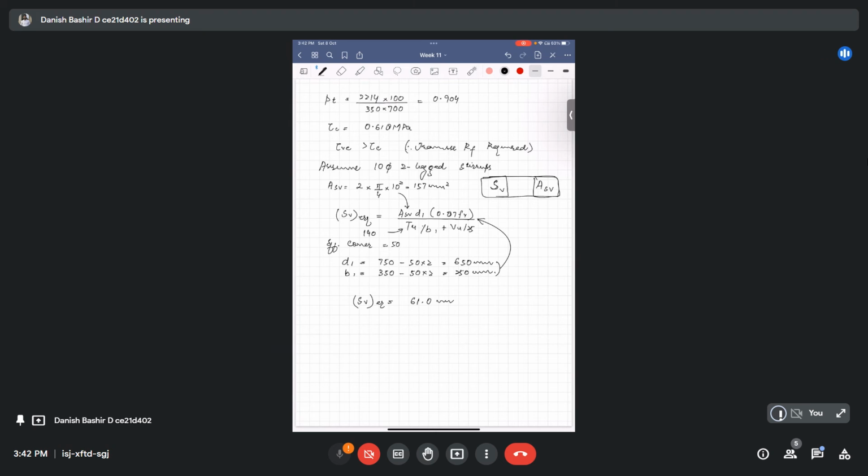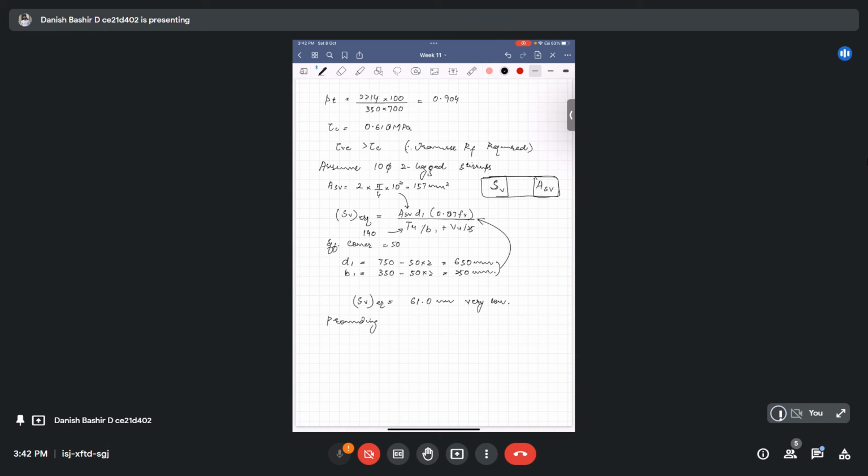This is very low spacing. If you provide this much spacing, the stirrups will get congested. So we'll have to look for another alternative. You have to go for a higher diameter of the stirrups.